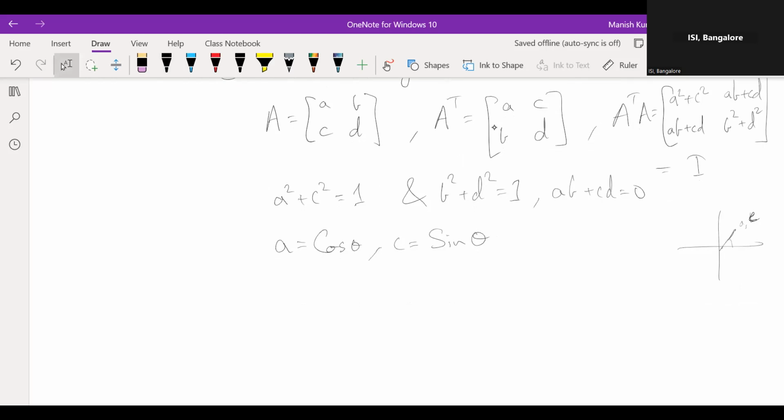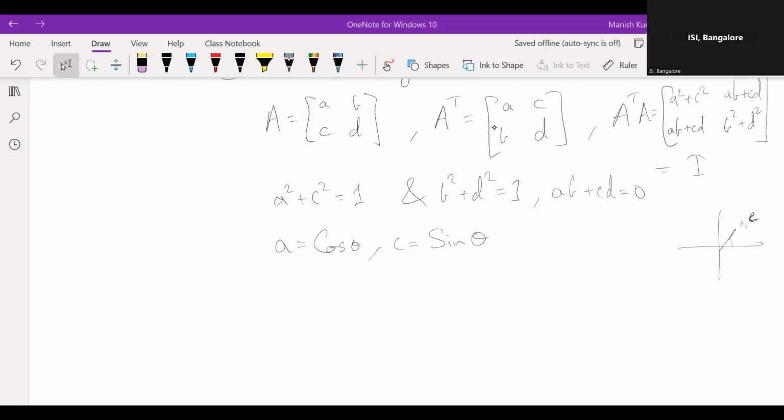You can make sure A and C are this, but B and D have to satisfy something else.